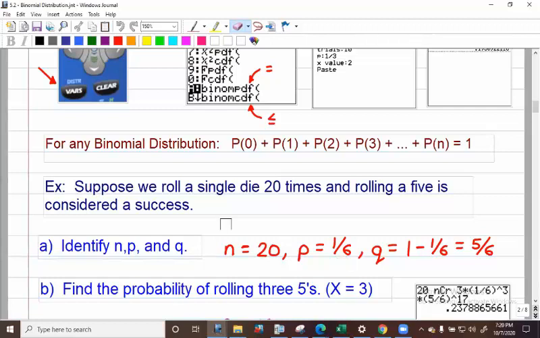So don't use the n value to influence what you think P is. You just think of P, or pi as they do in this book, as what would happen on one time. And of course, Q is always 1 minus P. So if you got a 1/6 chance of success, you have a 5/6 chance of failure.